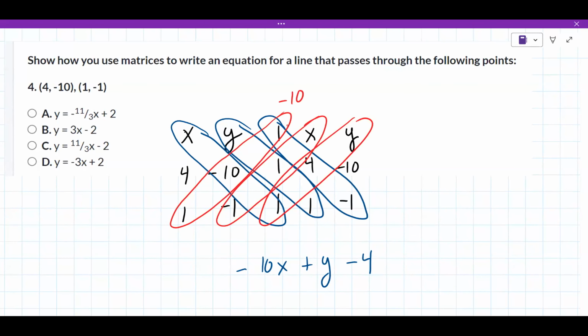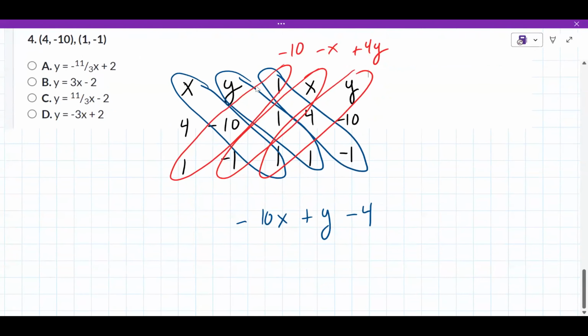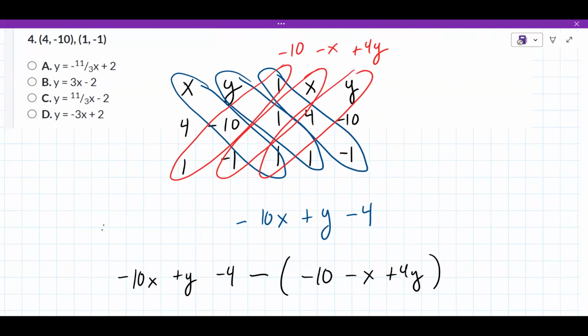Negative 10 minus x plus 4y. And then there's a little bit different now. You do take the bottom, minus 10x plus y minus 4. You subtract the top though, and the top is all in parentheses here like this. But the difference is you're setting this equal to 0.